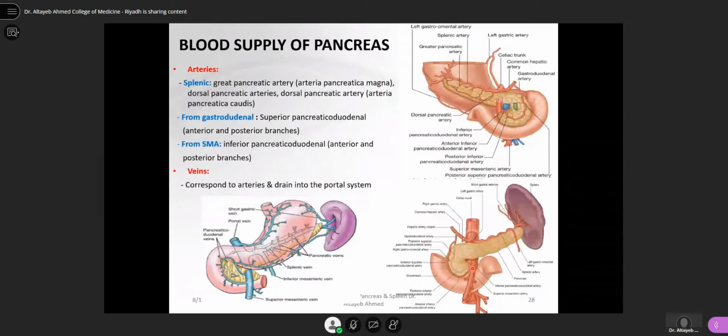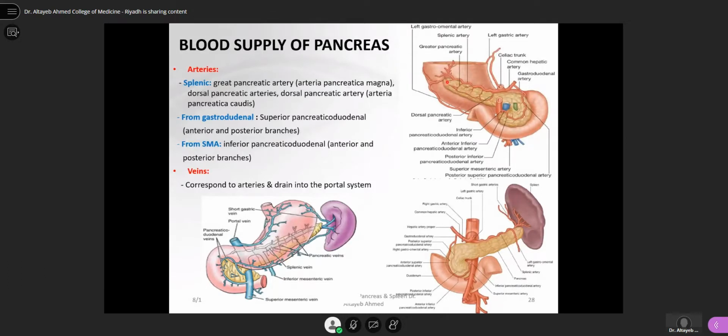The pancreas receives its blood supply from different sources. The main source of blood supply comes from the splenic artery. We have what we call arteria pancreatica magna, and this usually arises close to the distal end. So this is the arteria pancreatica magna, or greater pancreatic artery. It divides into right and left.